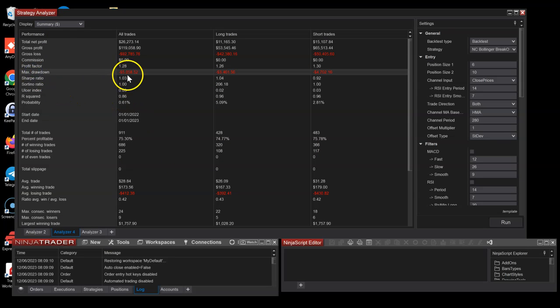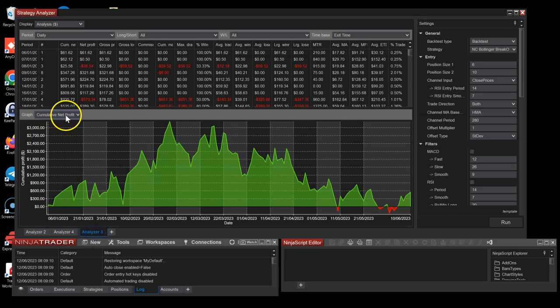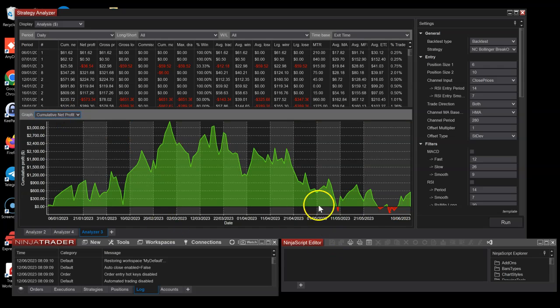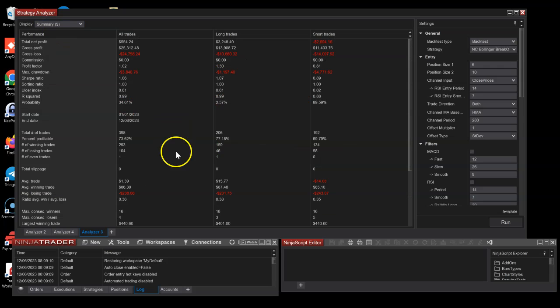So the max drawdown here is $5,000, and this drawdown wasn't even ever reached here actually. So when you got up to like 3,000 here, it didn't really even break any expectations probably. So losing trades in a row, let's say maximum consecutive losers like 4, and this is like 9.